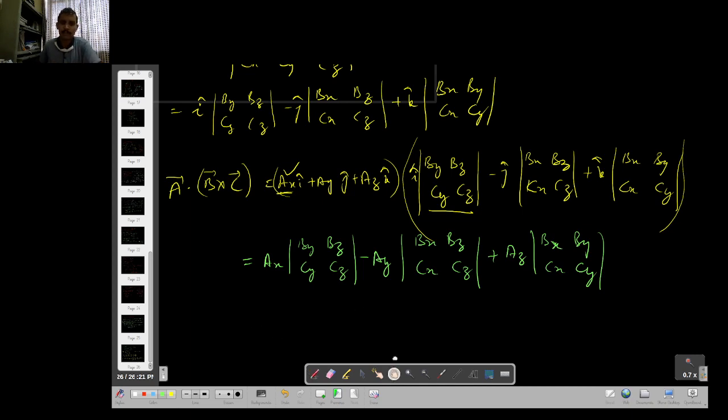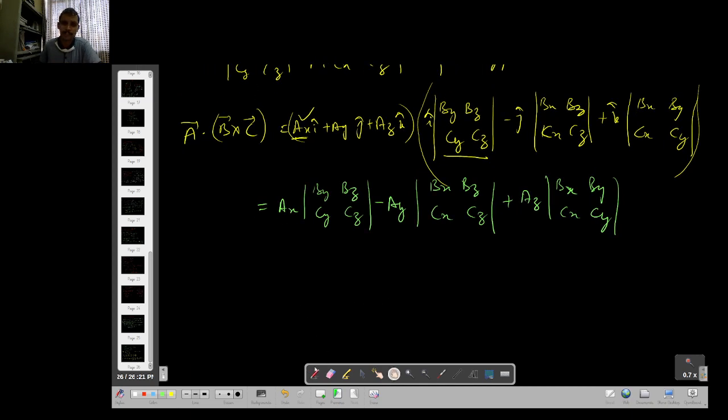Now it can be written in the form of a determinant. So it's ax ay az; bx by bz; cx cy and cz.